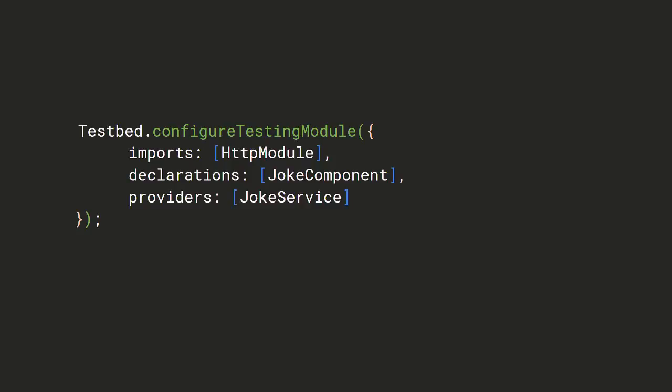Here you can see that I'm importing the HttpModule because I have a dependency on that to be able to call my backend. Then we have declarations, which are your components. We only have a single component here, the JokeComponent. And we have our providers, which is where we register our Angular services. Here we've just got this single JokeService. But now we're actually passing in the real JokeService, not the fake one.